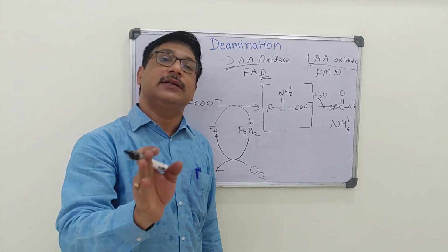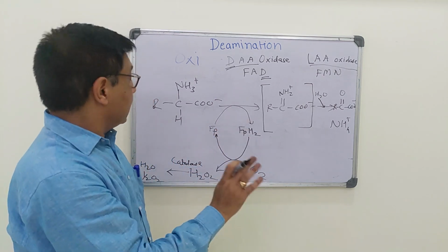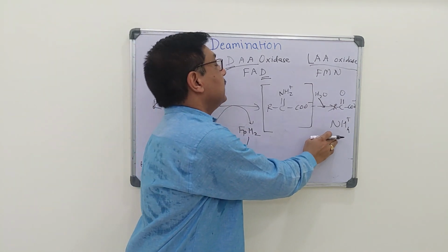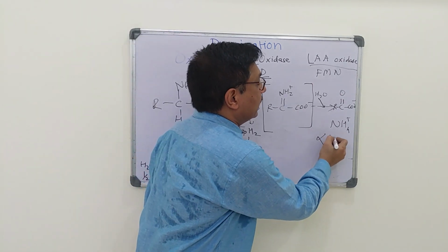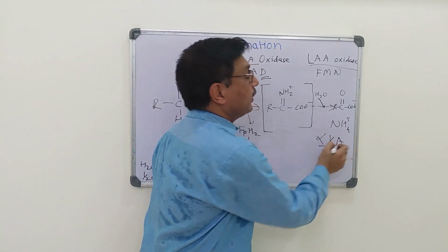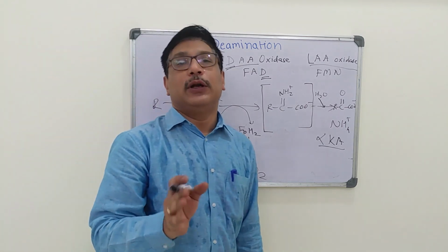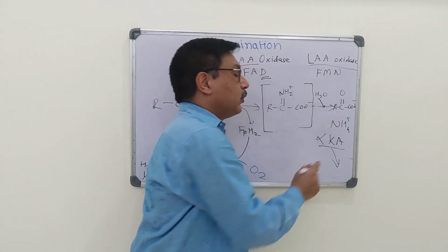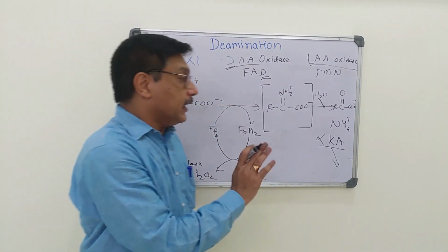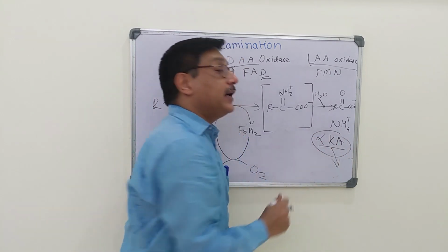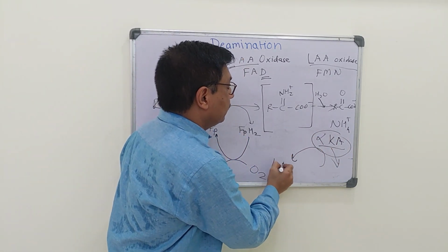D-amino acid is acted upon by D-amino acid oxidase, whereby the corresponding alpha keto acid is produced. This alpha keto acid can enter various metabolic pools. It can liberate energy or it can go to gluconeogenesis. Secondly, this alpha keto acid by transamination can be converted to L-amino acid.